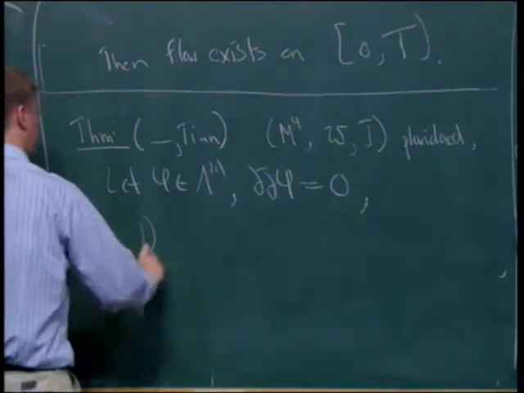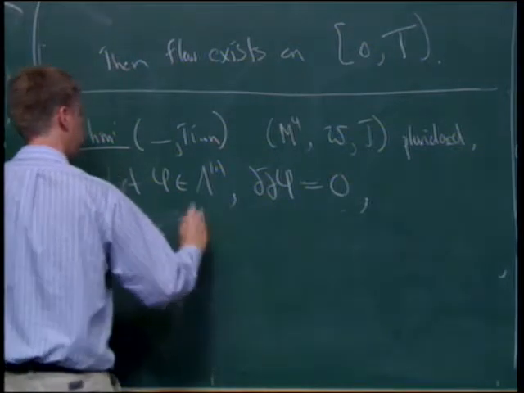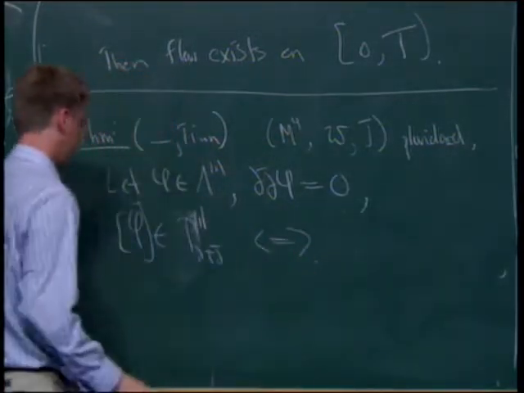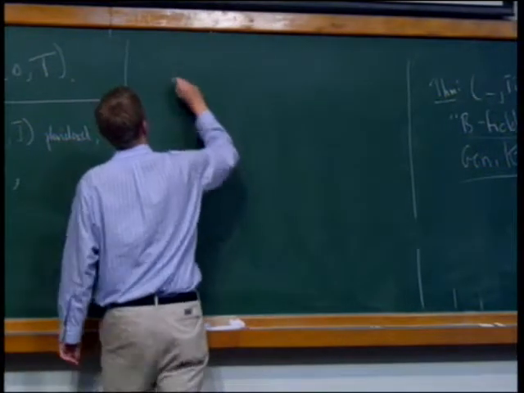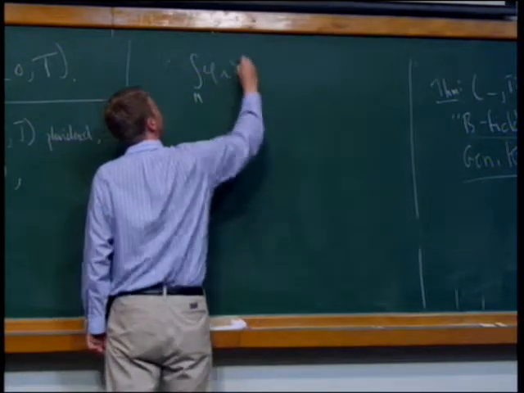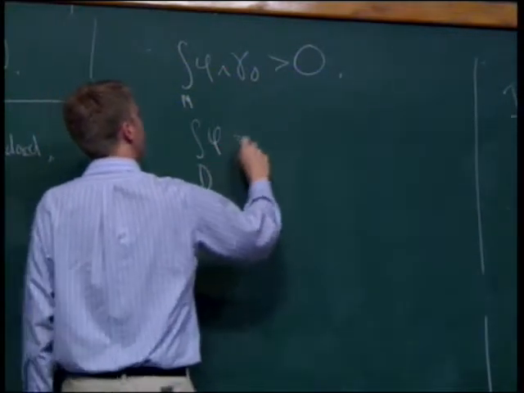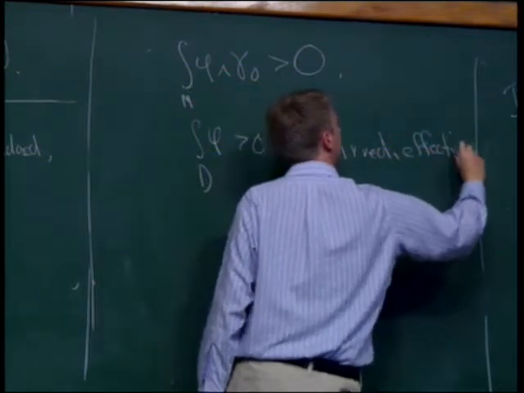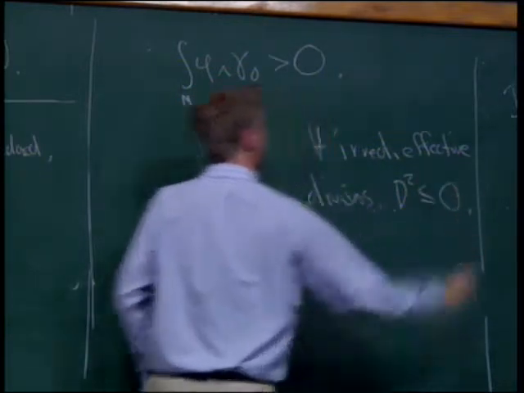Then the class is in the positive cone if and only if the integral over M of phi wedge gamma naught is positive, which I'll define in a second, and the integral over every curve of phi is positive, for all irreducible effective divisors D with D squared less than or equal to 0.